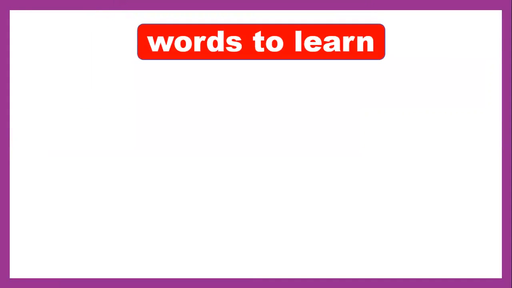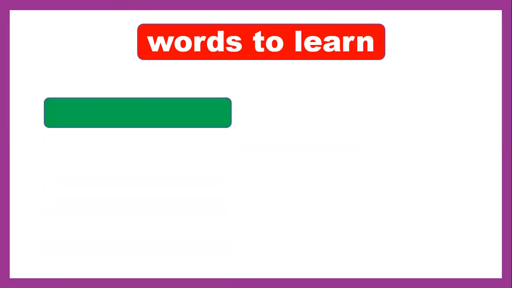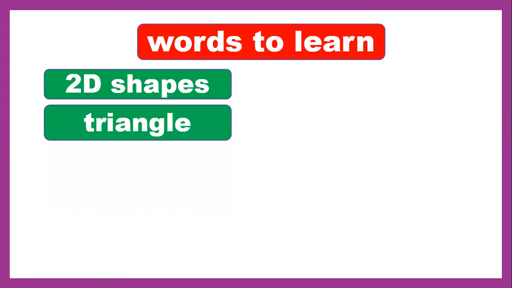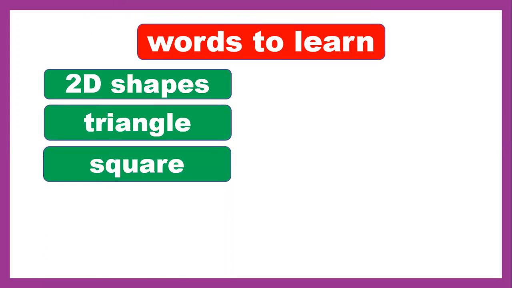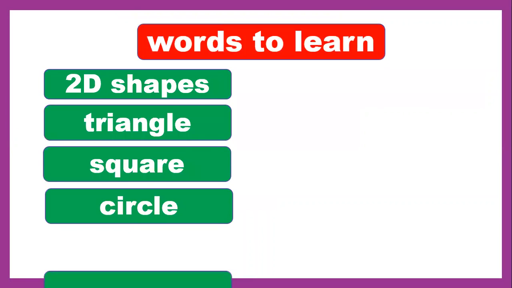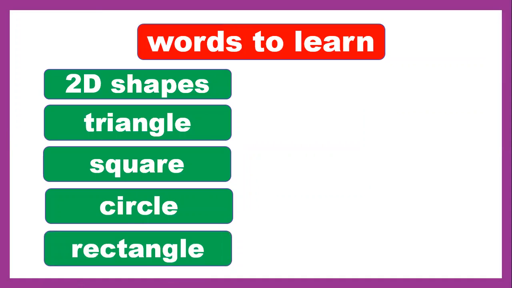Now before I start the new lesson, you have to learn new words. What are the shapes? So there are four basic shapes. These are the 2D shapes. The first one is triangle, square, circle, and rectangle.